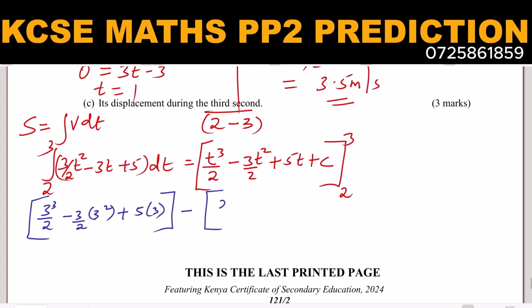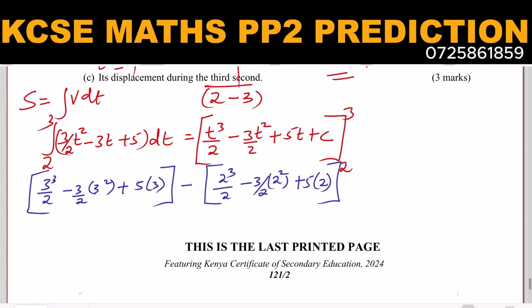Where you have a t, you substitute t with 2 for the lower limit, and with 3 for the upper limit. So this will be 2 cubed divided by 2 minus 3 over 2 times 2 squared, plus 5 times 2.